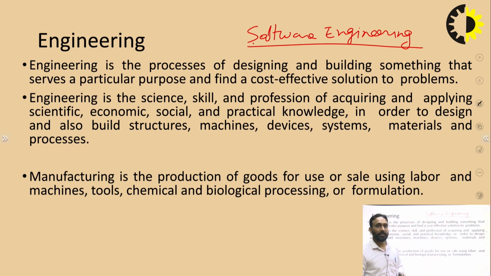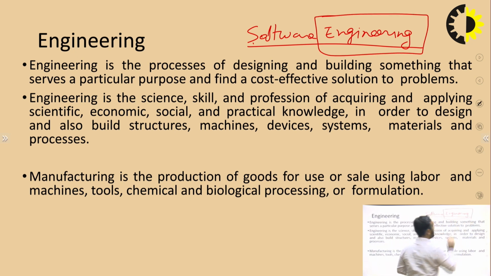Except for this subject, none of the computer science and engineering subjects has the term engineering along with it. If we leave out physics engineering, which is part of the first year, in core CS and IT only software engineering has engineering at its end.